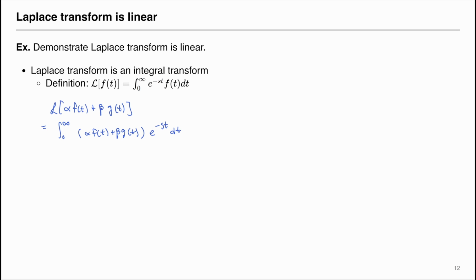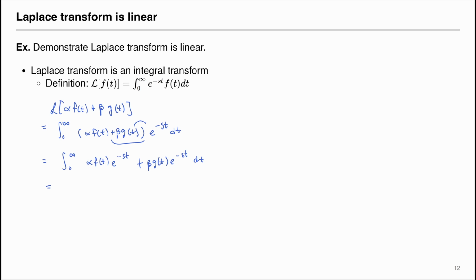Okay, and then if I multiply things out, I have alpha f of t e to the negative st dt, let's not jump ahead of ourselves, plus beta g of t e to the negative st dt.